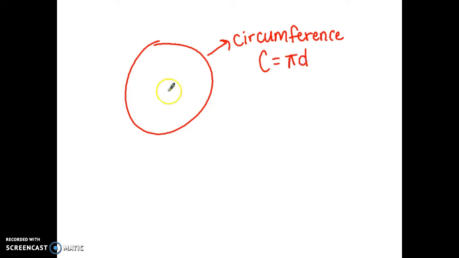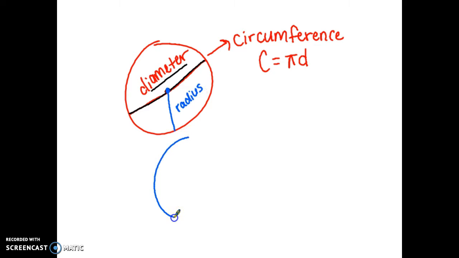So from the center point, a line that extends all the way through the circle from one end to another and passes through the center, that is the diameter. The line that goes from the center point to one end of the circle, not all the way through, just halfway through, that is the radius.